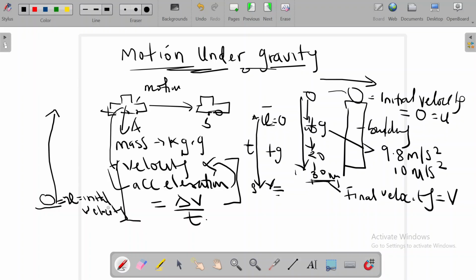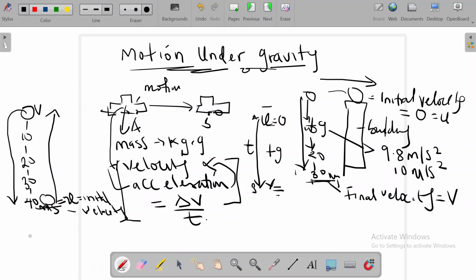Try not to get confused. I'm still going to draw the line clearly to understand it better. If it is moving upward, it has initial velocity. So let's assume it is moving from the ground with 40 meters per second. It decreases in speed from 40, it becomes 30, it becomes 20, it becomes 10, and then it becomes 0. So at this point, the ball then falls back to the ground.